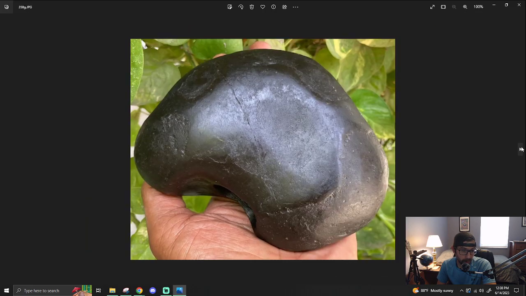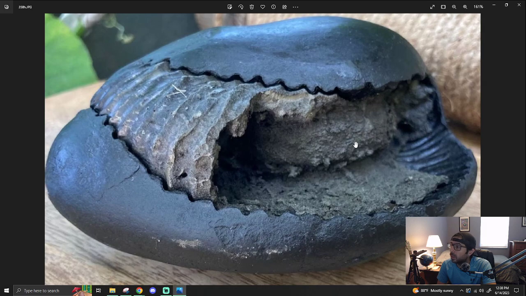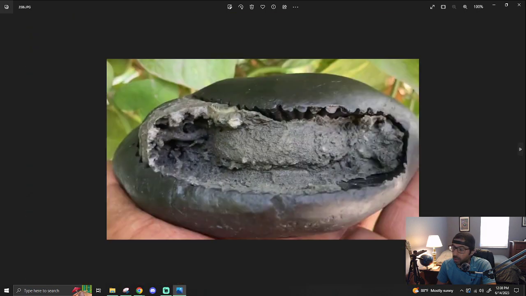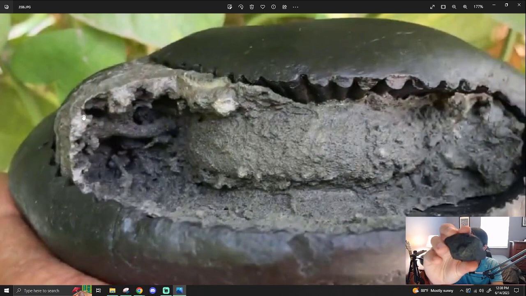Incredible, though. This thing is incredible. The structure, oh my god, this. Dendrites.